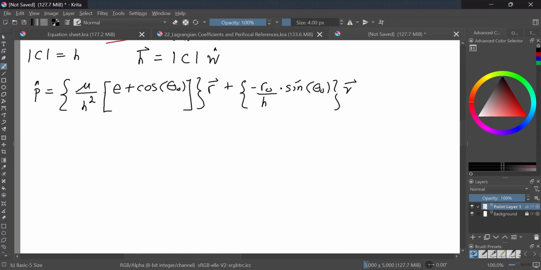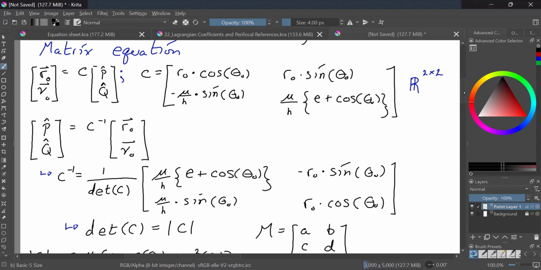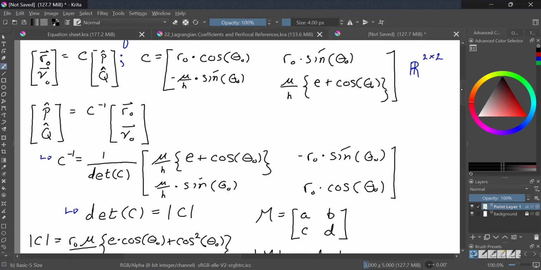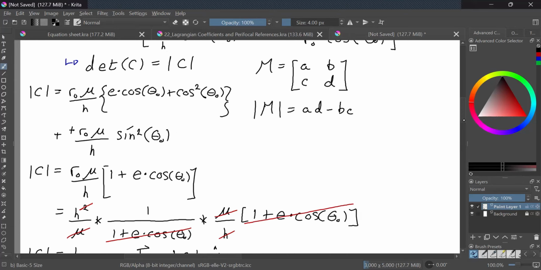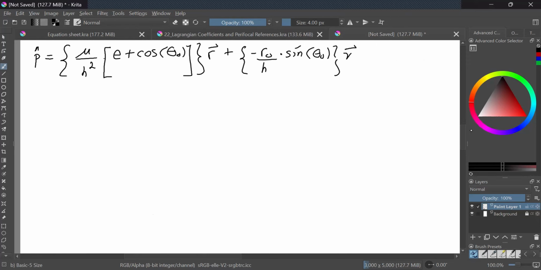And I'm not going to do a lot of scrolling up and down. I will, however, do this just so you can see that no, I am actually doing things right. So we will add an h to the denominator on both of these terms and appropriately place in an r and the v. And actually, I will do this.